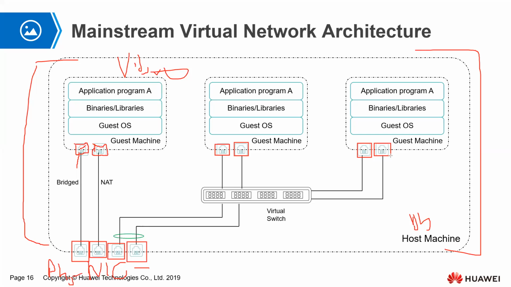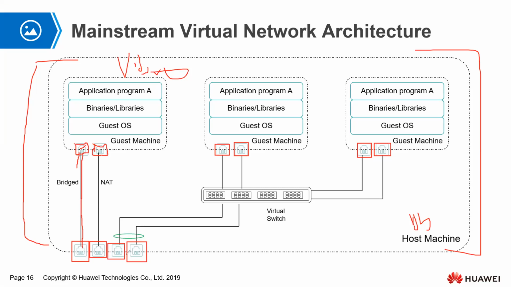So how do these virtual machines communicate to the outside world in our network architecture and virtualization? They can connect to our outside world using the bridged mode, where this network interface card connects to our physical network interface card.